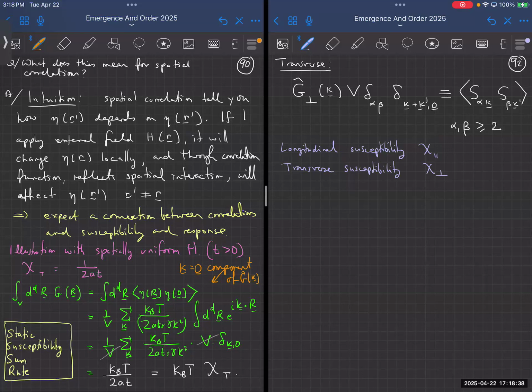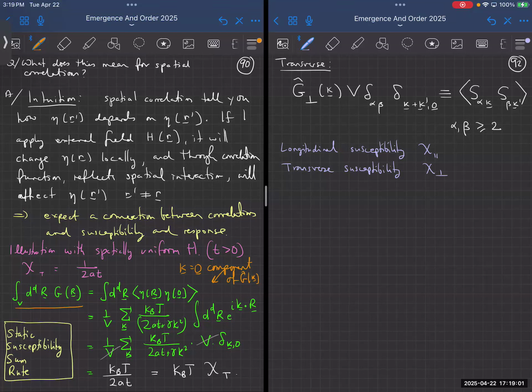Why? Because look over here, integral d^d r of g of r. That's like taking the Fourier transform of g of r, integral g of r e to the i k dot r, and setting k equal to 0. So what I just showed you was that the k equals 0 component of g hat of k is equal to the susceptibility up to some factor of kT.